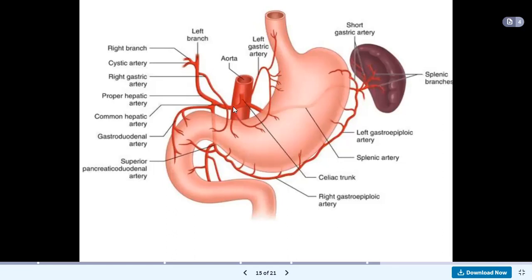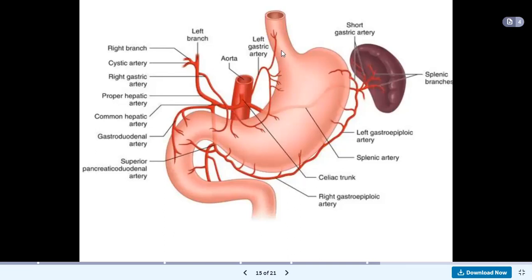From the celiac trunk, you have the proper hepatic artery, and then the right gastric artery branches from the hepatic artery and comes to supply the lower part of the right border of the stomach down to the pylorus region.